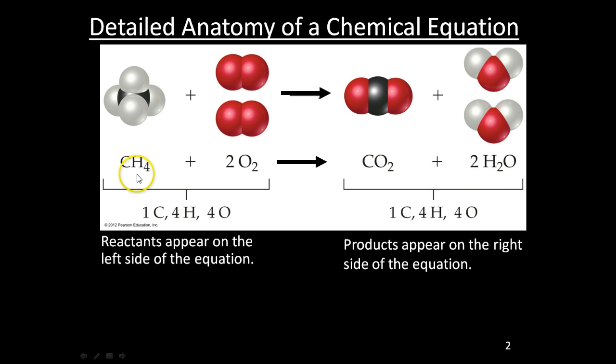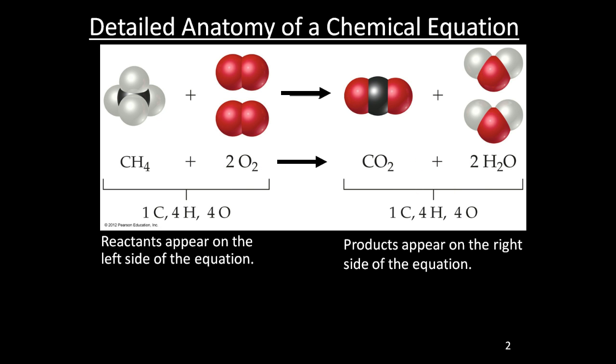So we're taking a methane molecule and two oxygen molecules and making one carbon dioxide molecule and two water molecules. Notice that up here in the picture, we have the methane molecule, the two oxygen molecules, the one carbon dioxide molecule, and the two water molecules. These are just two different methods to show the same thing occurring, but again, this is the traditional method.